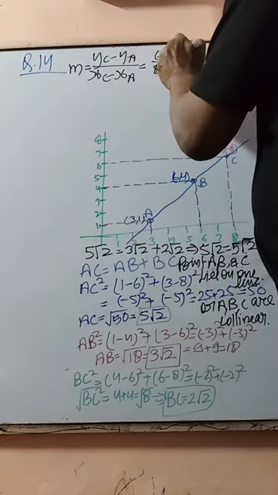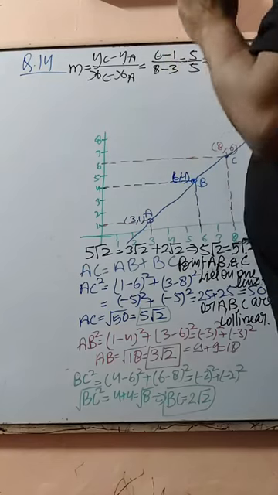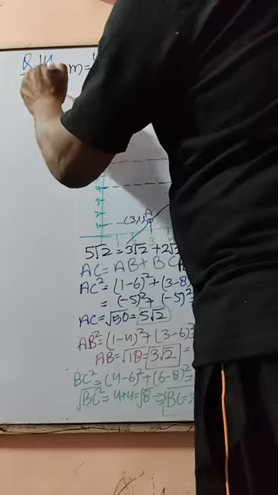So it becomes 5 upon 5. 5 upon 5 is equal to 1.